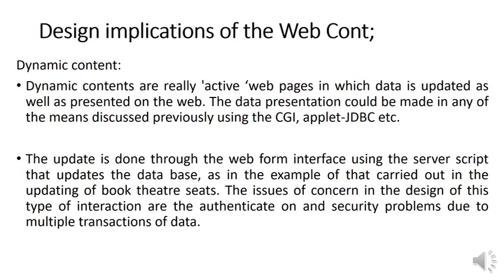The update is done through the web form interface using the server script that updates the database, as in the example of that carried out in updating the book theater set. The issues of concern in the design of this type of interaction are the authentication and security problems due to multiple transactions.